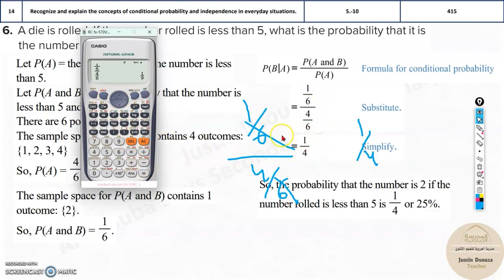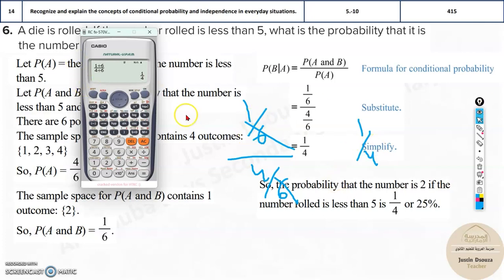It's 1/4. I don't know why the calculator shows me 1 by 9. Okay, let me do it again over here, 1 divided by 6 and 4 divided by 6. Okay, now you get it. I think I did not use the fractions properly. Just remember, guys, I will have to recheck what I put.